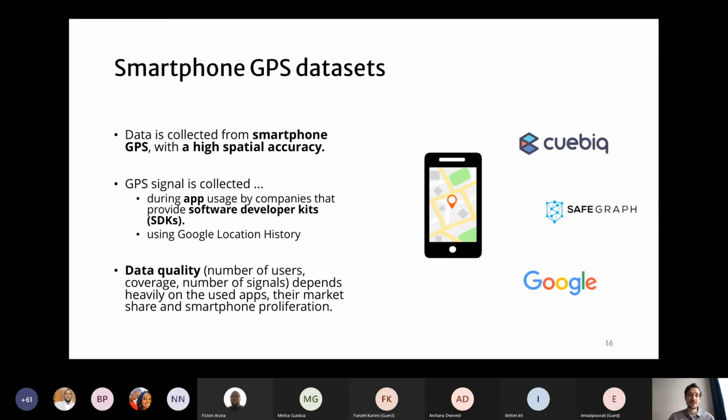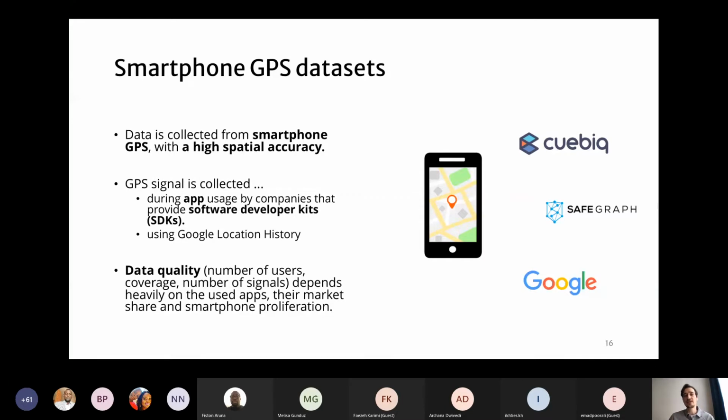Or there's also a different way, for example, by using the Google location history that is stored on Android phones during the use of different apps, or just when a signal to a cell tower is established, or when some app asks for the device's location. So there are different ways in which this data is generated.